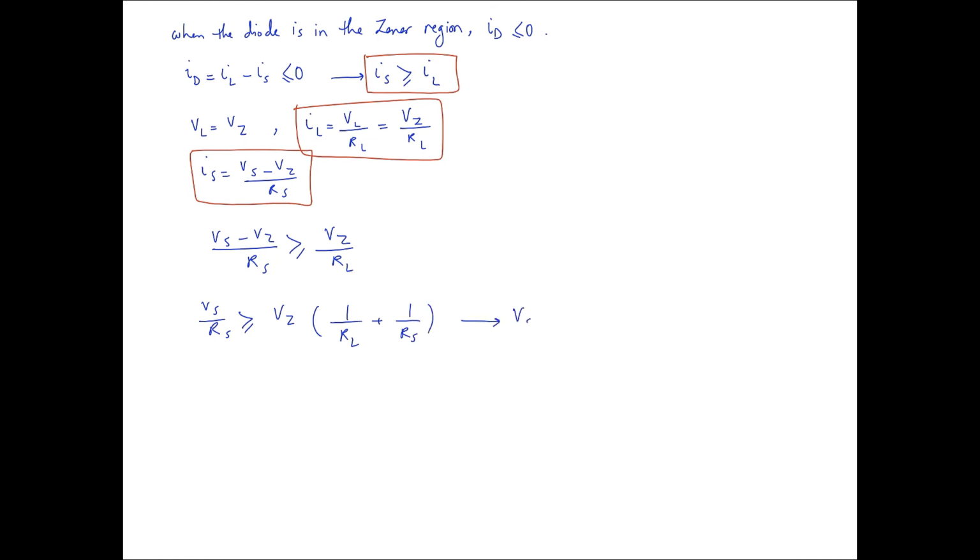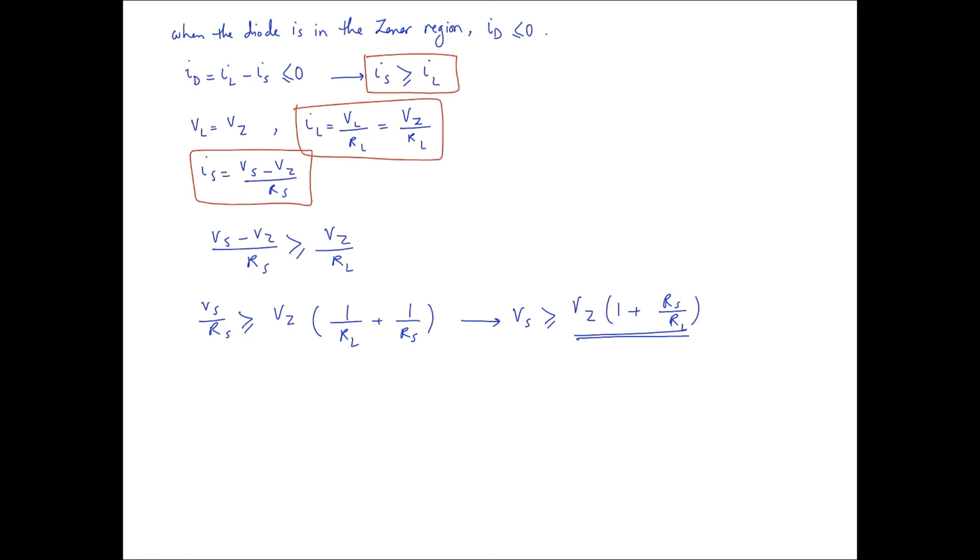From there, VS must be greater than or equal to VZ multiplied by 1 plus RS over RL. As long as VS is greater than this quantity, the voltage across the load is going to stay at a constant value equal to VZ, or the Zener voltage of the Zener diode. So the variation in VS is not going to affect the load voltage.